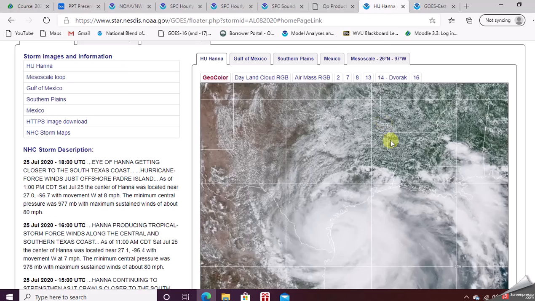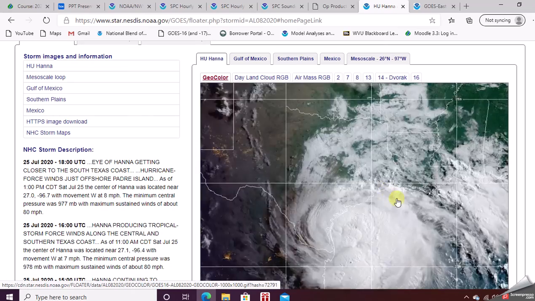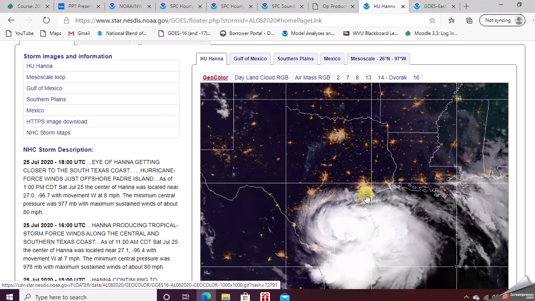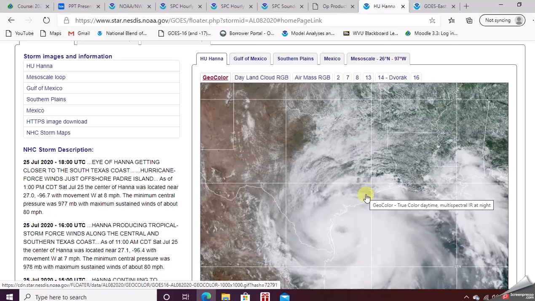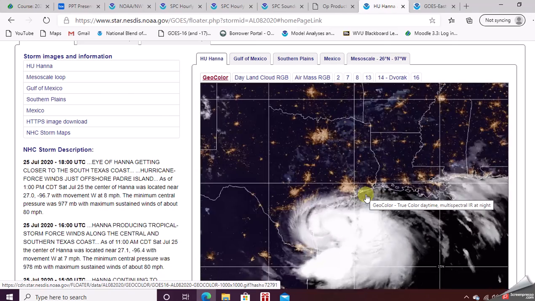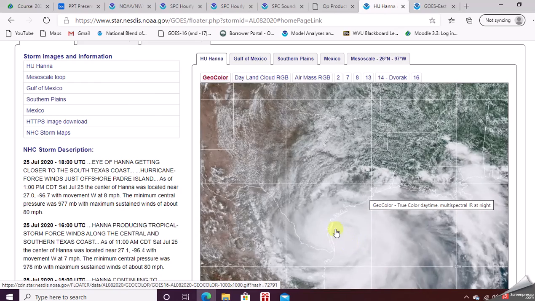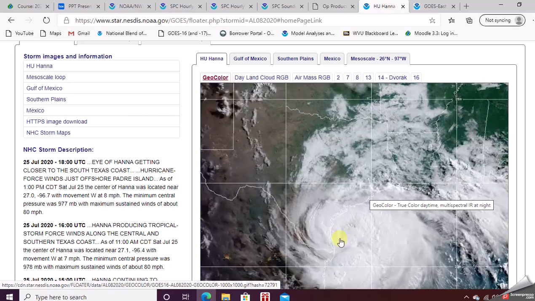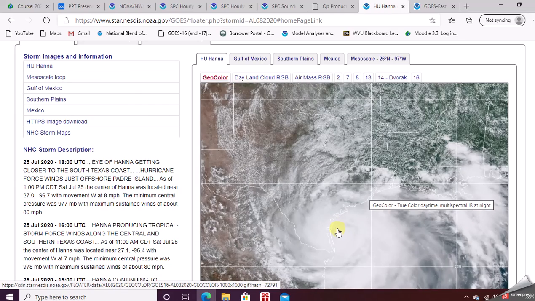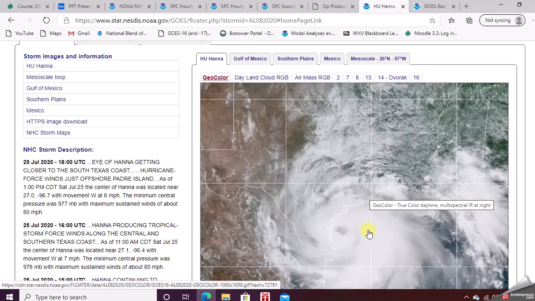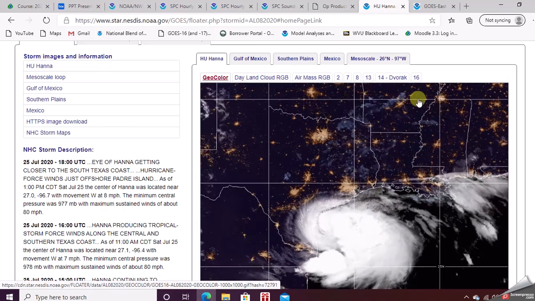If you look at Hannah, just south of Houston, there's some pretty powerful thunderstorms on one of their outer bands there. And that's an area where potential tornadoes could develop today, in the next few hours, actually. You can actually see a small eye developed right there, and then it's beginning to close up again as it hit land. So that's when the storm probably reached its maximum intensity.